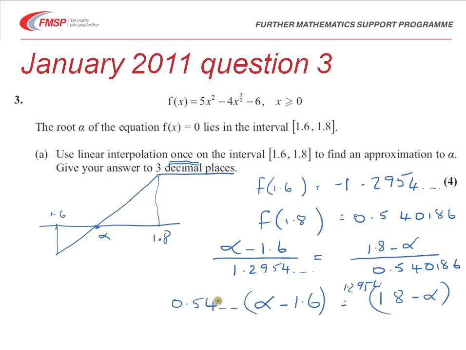Rearranging that to make alpha the subject produces alpha equal to 1.741. The only thing to take care of there is the fact that alpha needs to be given to 3 decimal places. Therefore, you need to use sufficient decimal places in your answer.